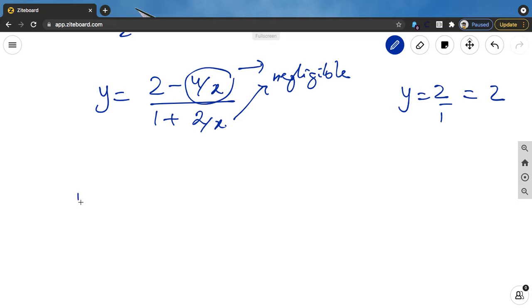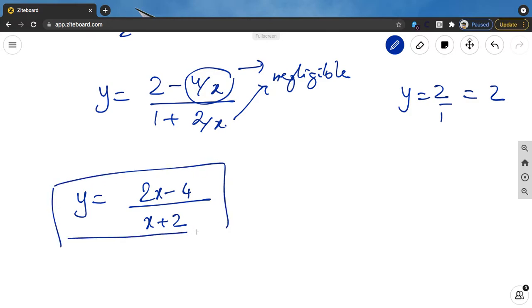So let me rewrite the equation. It's (2x - 4) upon (x + 2). This was the first part of the question, to find the values of a, b, c. The next part says graph. Graph means basically sketch.